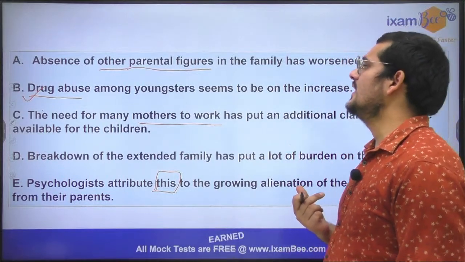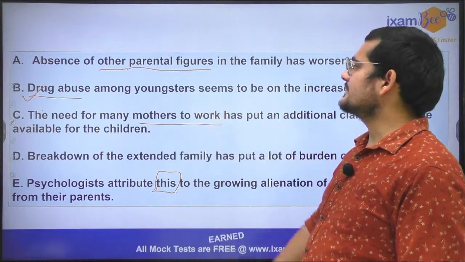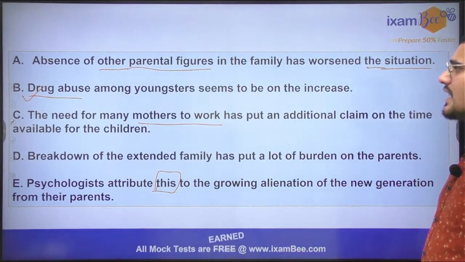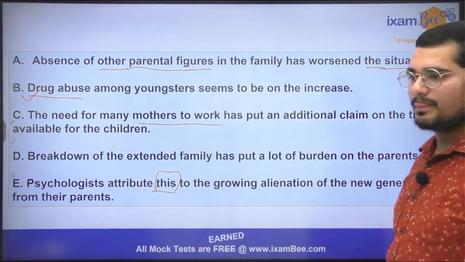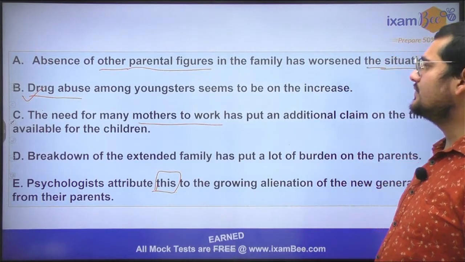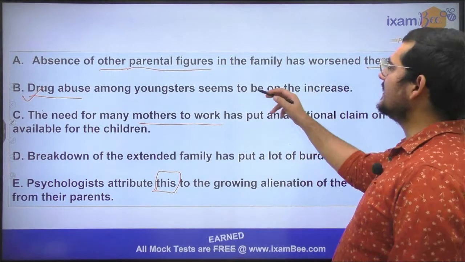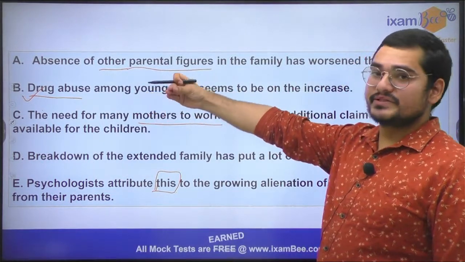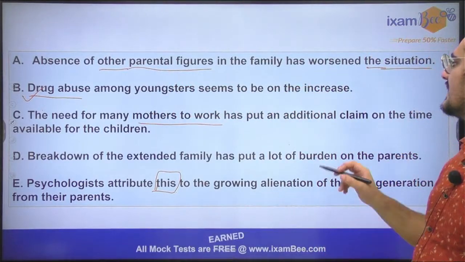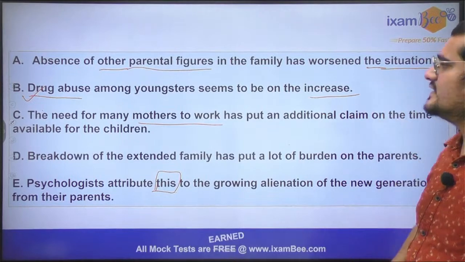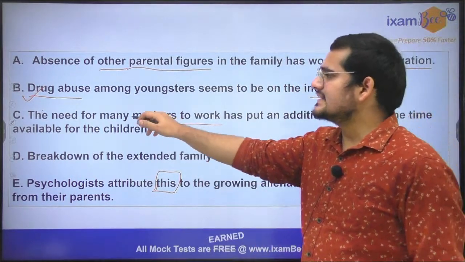This talks about the drug abuse, है ना, drug abuse among youngsters. Okay, drug abuse among youngsters seems to be on the increase. ये हमें पता लग गया है कि ड्रग अब्यूज जो यंगस्टर्स में है उसकी प्रेजेंट कंडीशन के बारे में बता रहे हैं कि वो इंक्रीज हो चुका है.